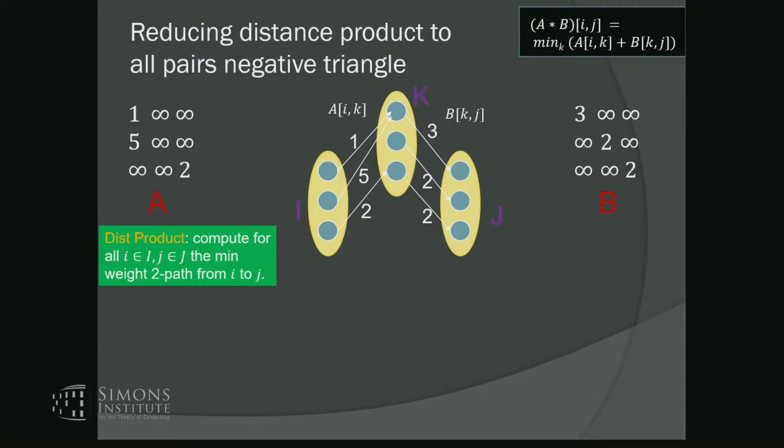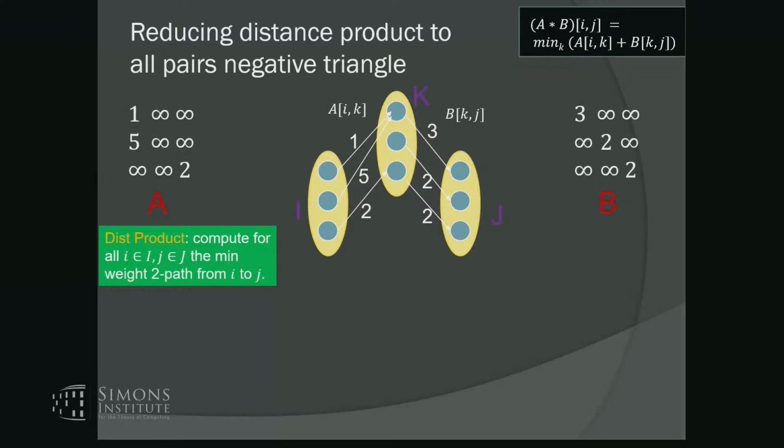There's a 5 in position 2,1, and so I'm going to go from the second vertex to the first vertex with weight 5. Then on the other side, I'm going to do exactly the same thing, but now considering the weights 3, 2, and 2 inside of this matrix.